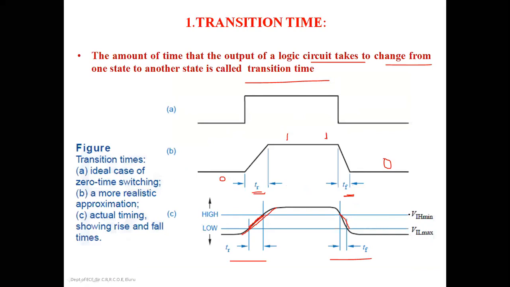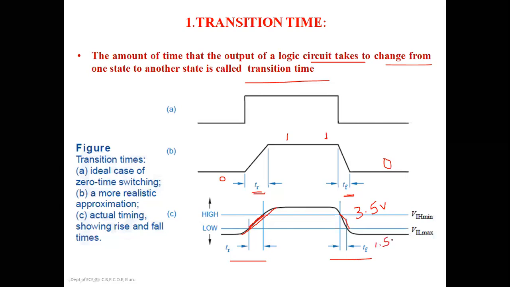So how do we determine the VIH minimum and VIL maximum? 70% of the power supply VDD and 30% of the VDD. For a 5 volt power supply, the VIH minimum is 3.5 volts and the VIL maximum is 1.5 volts.